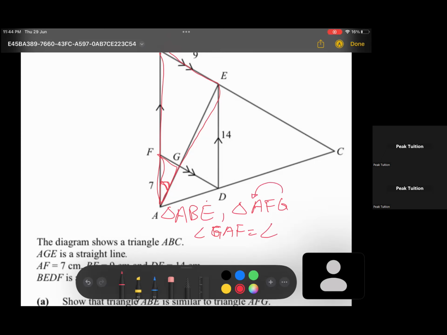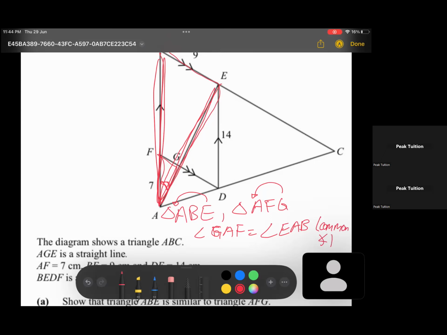So I'll move the last letter E here, and there I get angle EAB, which is the same angle over here. EAB. Now the reason for this is common angle. So there we have one angle already.